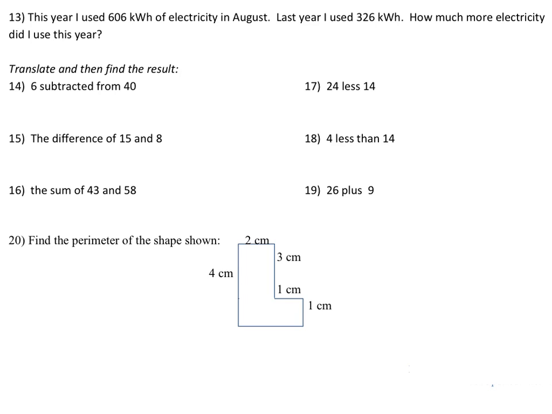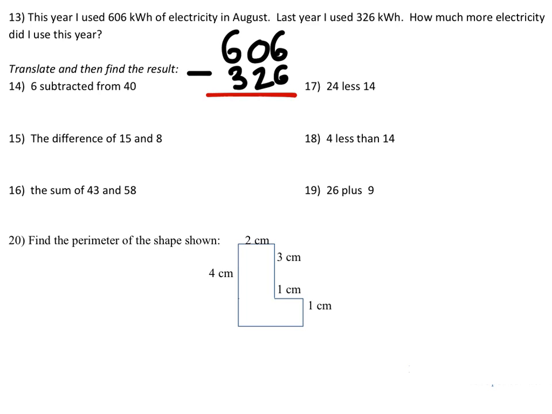Okay. So what I need to do is actually use subtraction to figure out the difference between these two numbers. Okay. So that looks right. So I got 606, and to find the difference, I'm going to subtract the 326. That's kind of big, but whatever.